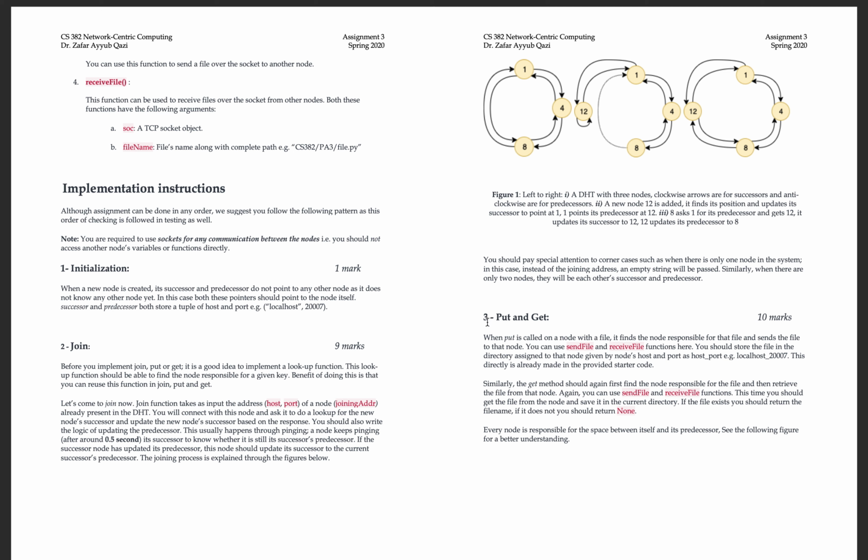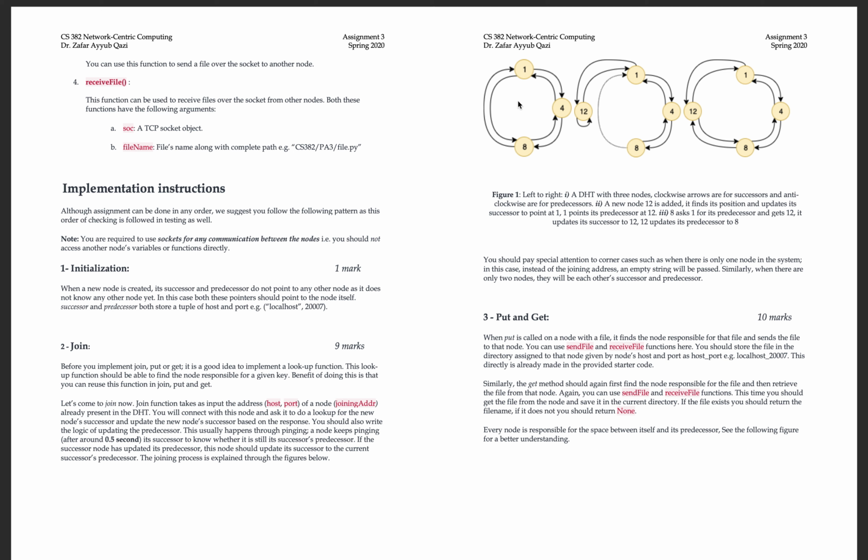Next thing is put and get. So now that we know that our DHT can scale up, we can add any number of nodes, now it's time to add files to it. Similar to what we did in join, I can call put on any of these nodes. I can ask 1 to put a certain file on the system.